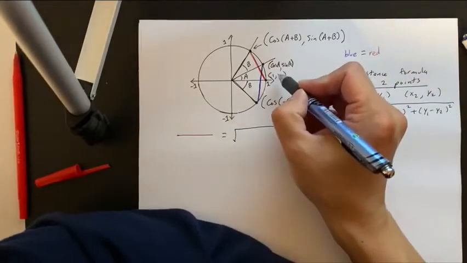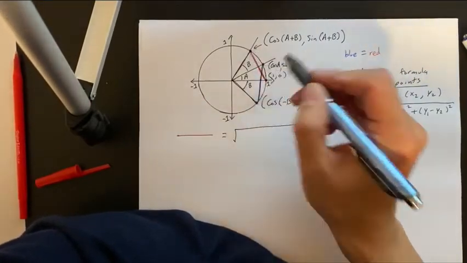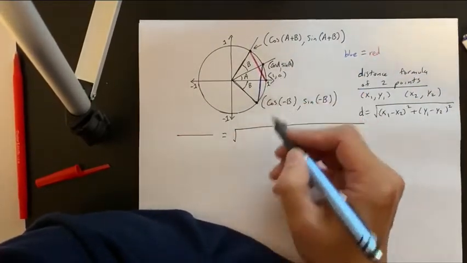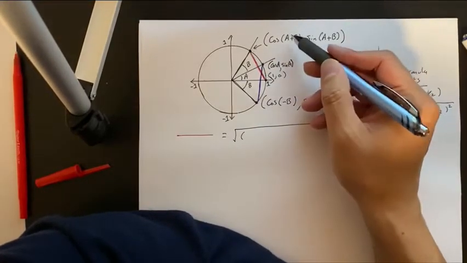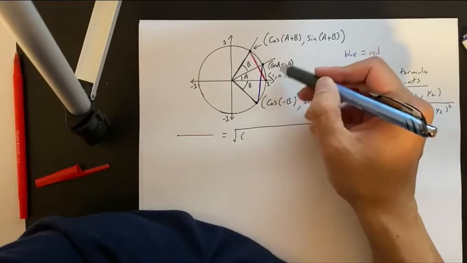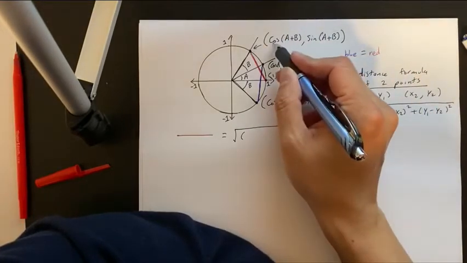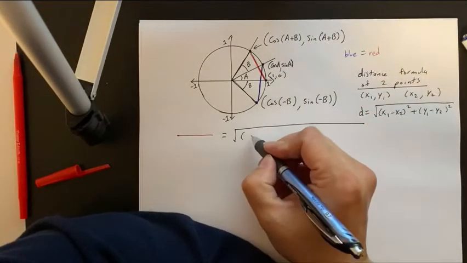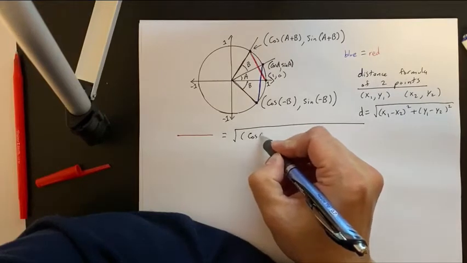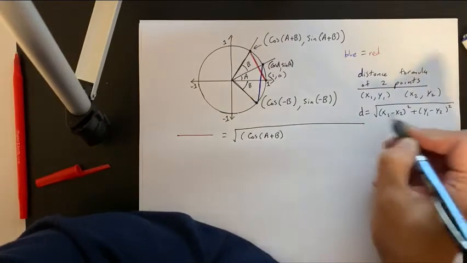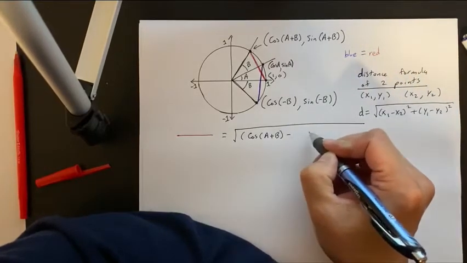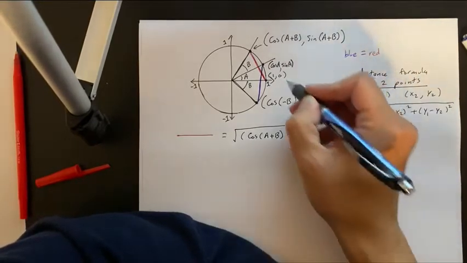I have to go back to these two endpoints and take the difference of the x values. It doesn't really matter which one you write first. I am going to write the cosine of a plus b, and we're going to subtract that other x value, which is 1.